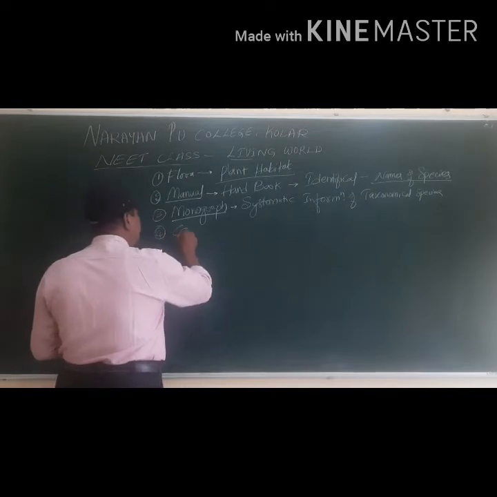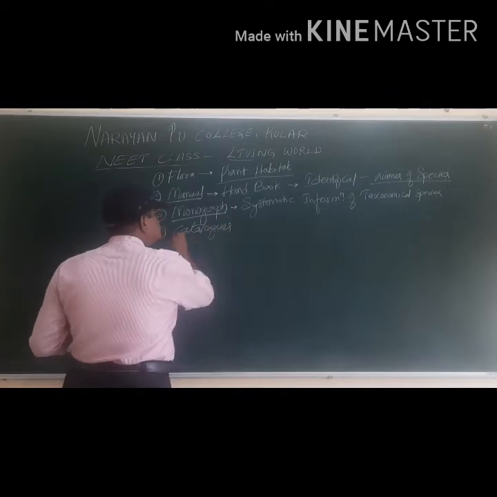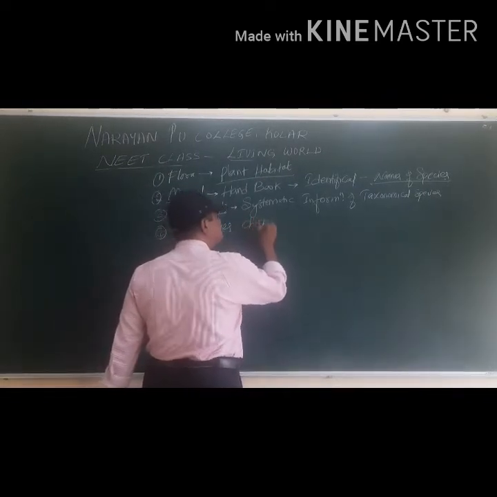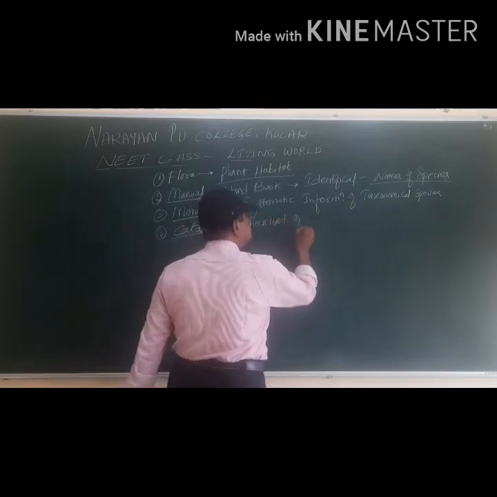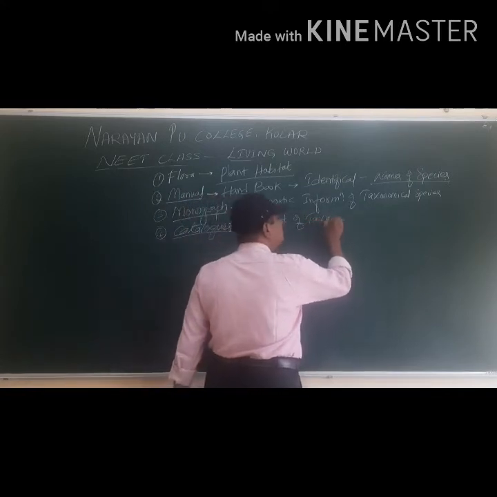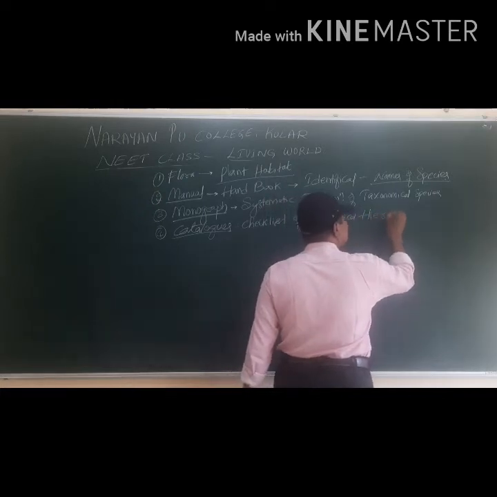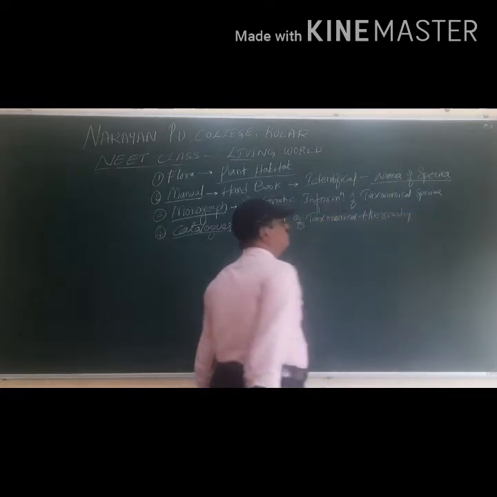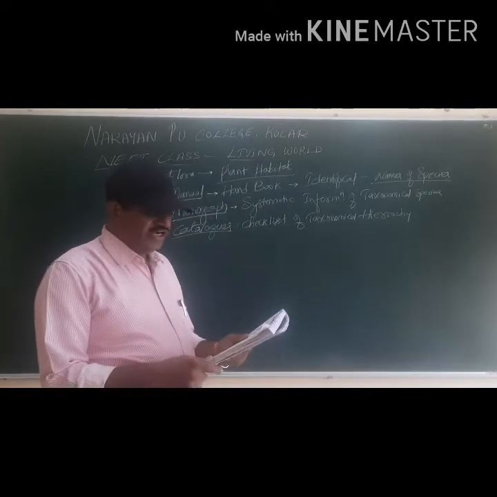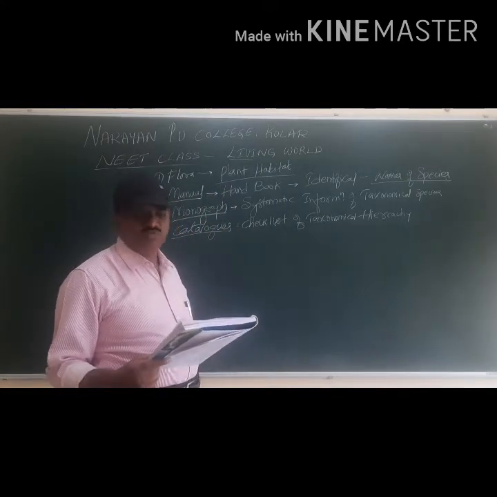And the other one is called catalog. Catalog is nothing but the checklist of a taxonomical hierarchy or taxonomical species. So here the answer is taxonomical aid used for providing information for identification of name of species.